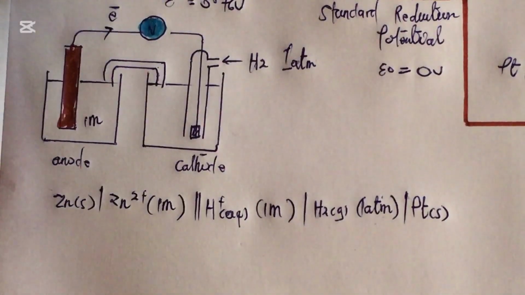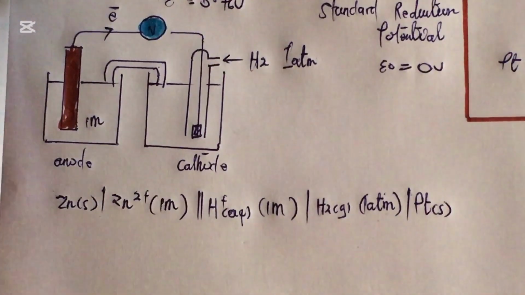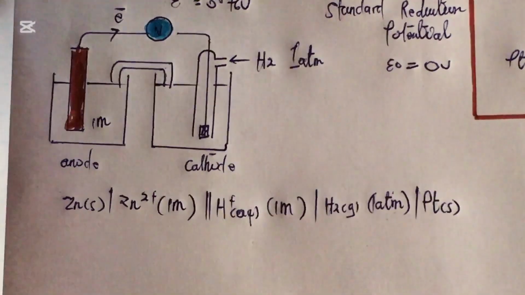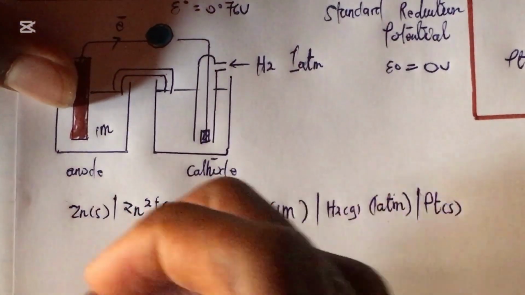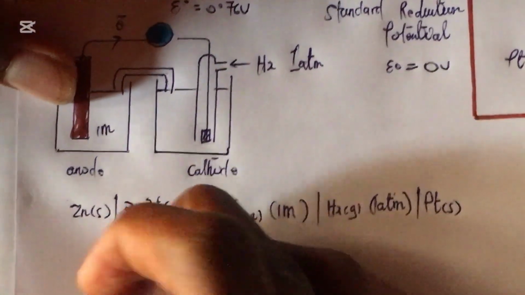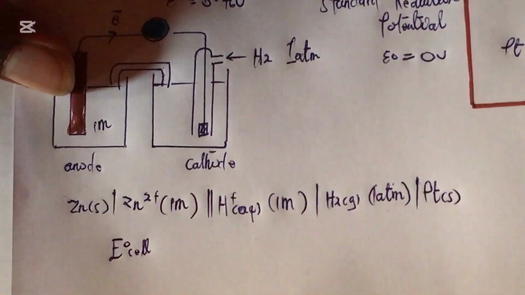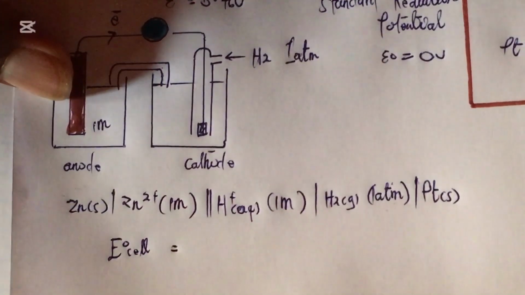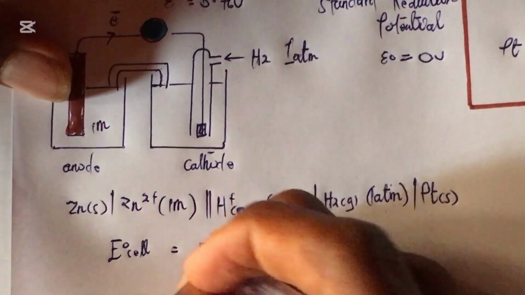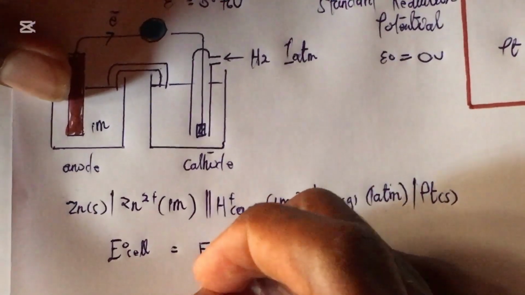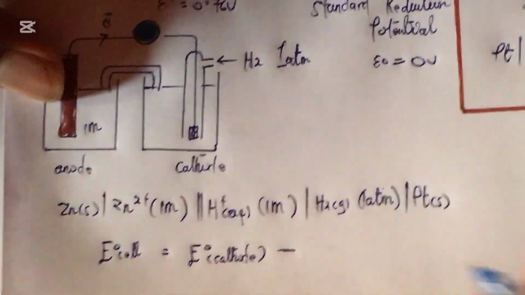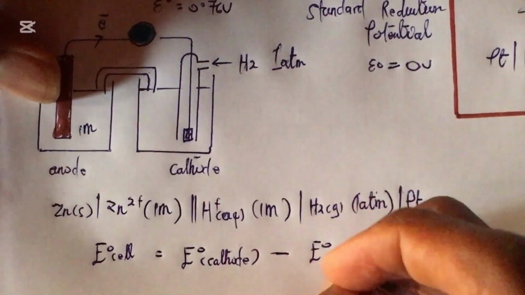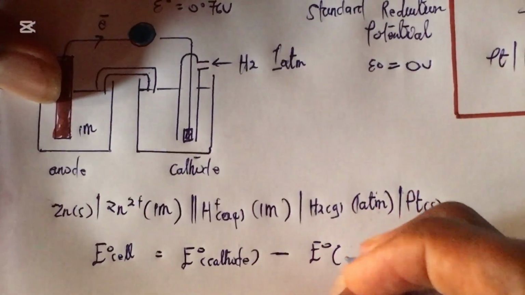So this is how we go by the cell notation. Now if you want to determine the electrode potential for especially zinc, there is a formula that states that the E0 of the cell is given by the E0 of the cathode minus the E0 of the anode.